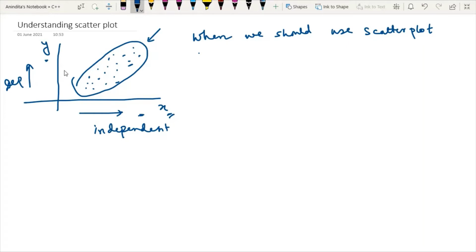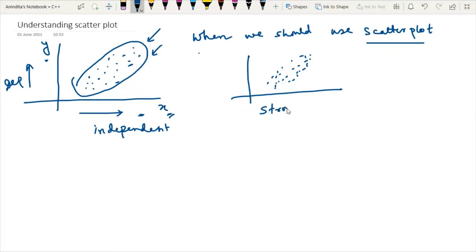Now, our topic of discussion is how we can use a scatter plot to identify the pattern of the plot. If you find a scatter plot in this manner, you can say that the correlation between plotted values is strong, it is positive in nature, and this relationship is known as linear.